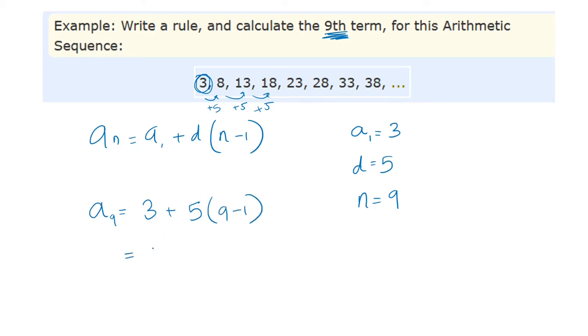We can simplify this as 3 plus 5 times 8, and this finally simplifies to 43. So we now know that the 9th term in the sequence is 43.